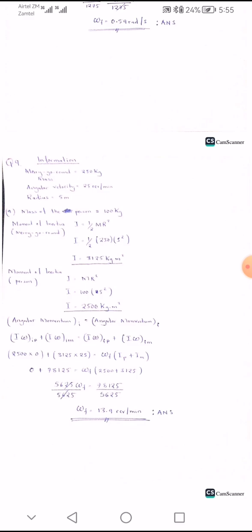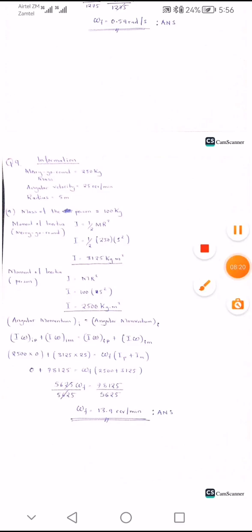It says a children's merry-go-round consisting of a uniform disc, so you have to underline that, disc, of mass 250 kgs is rotated at 25 revolutions per minute, so that's the angular speed, about the vertical axis of rotation. The radius of the disc is 5 meters. A says, if a 100 kg person sits at the edge of the disc, what is its new angular speed in revolutions per minute?